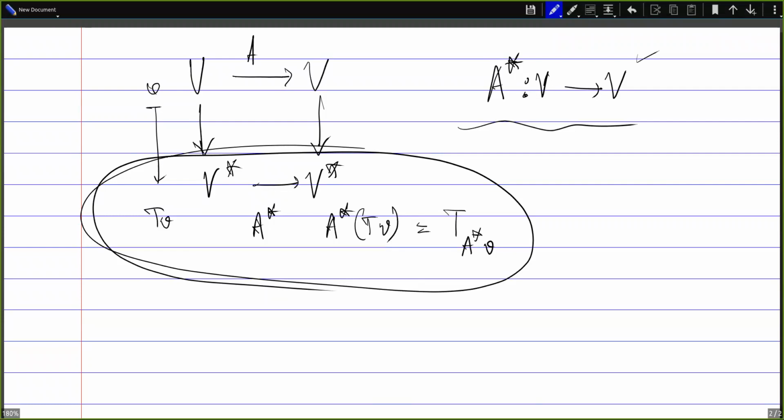All right, so again, let me just write for you. The definition of A star is the following: <A z, v> = <z, A star v> for every z and v.